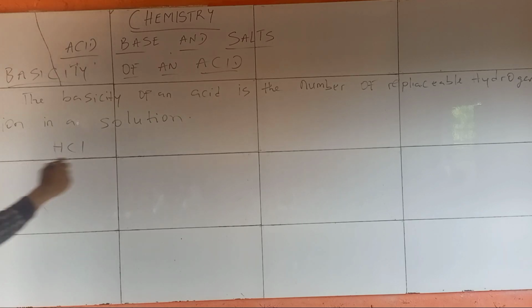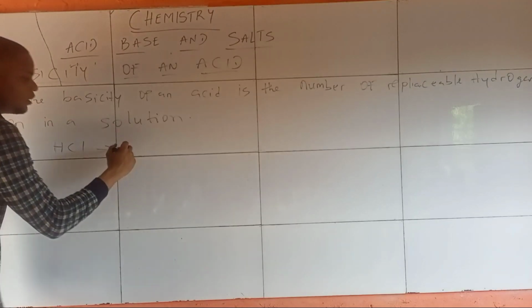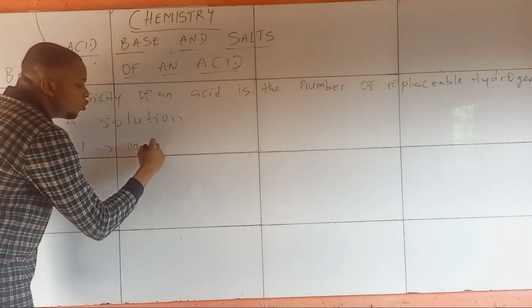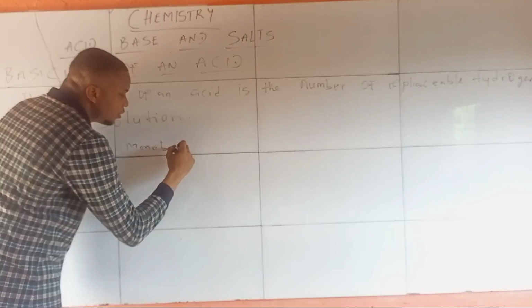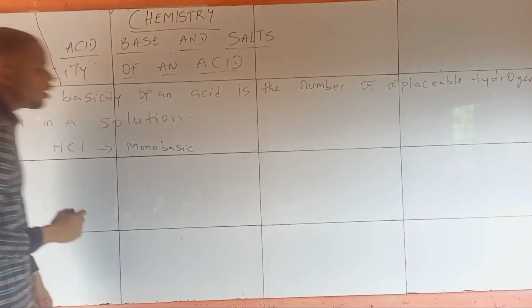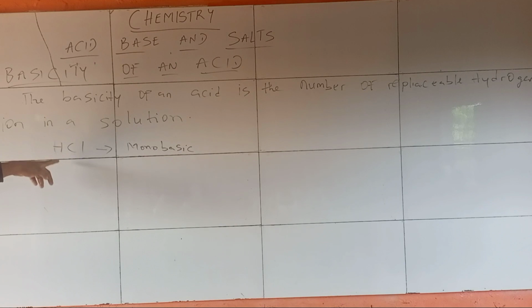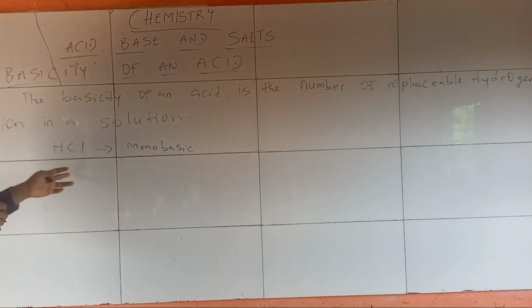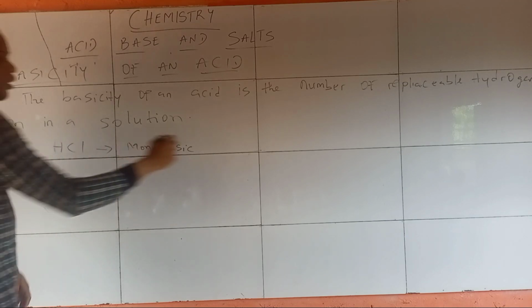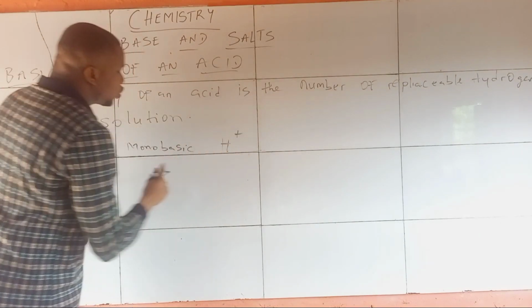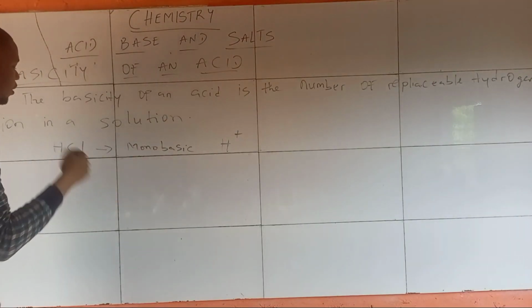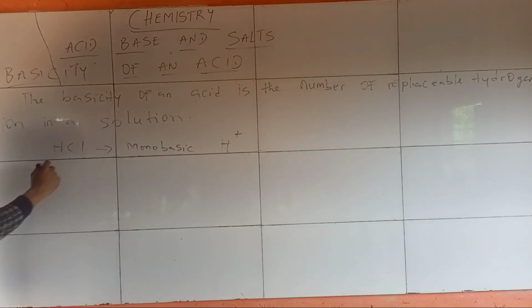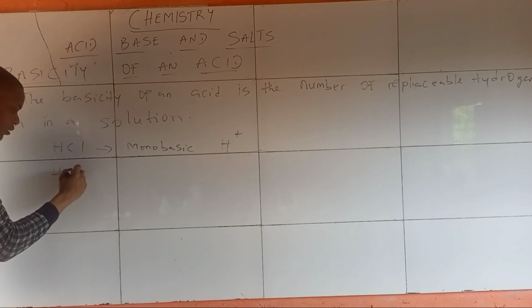Hydrochloric acid is monobasic because it can only give out what? It only has one hydrogen ion attached to it, which is just this one, H plus. So it's what? Monobasic.